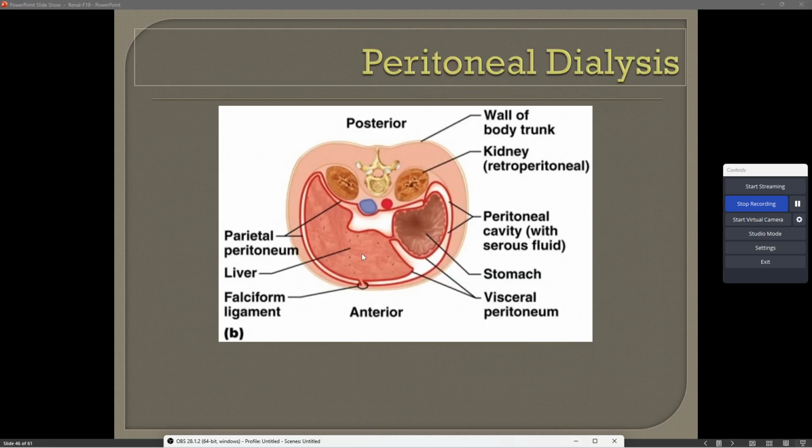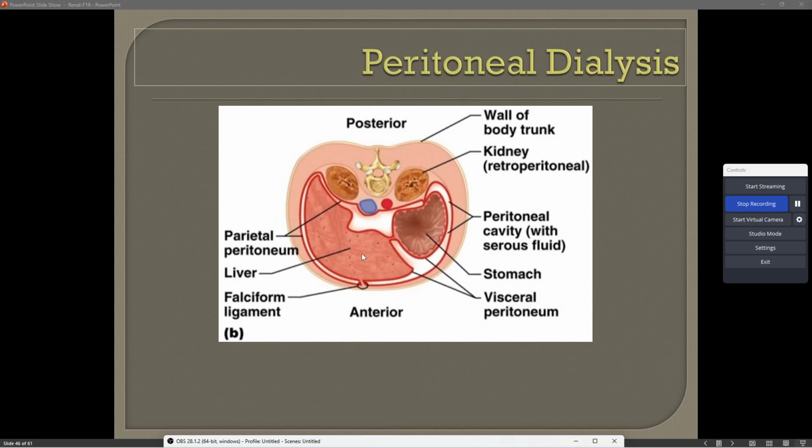Now, let's talk about one other kind of dialysis, and you definitely need to know what this is. This is peritoneal dialysis. In peritoneal dialysis, we have the posterior of the body, we have the anterior there, you can see it very clearly, and then we have the peritoneal space, which surrounds the liver, the stomach, the visceral peritoneum, which is where the bulk of our filtration will take place.